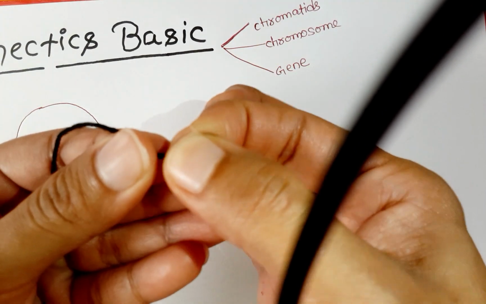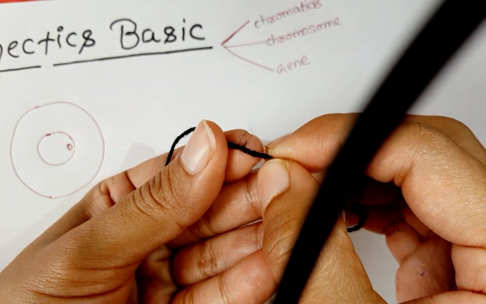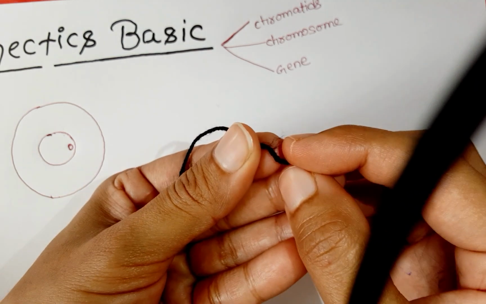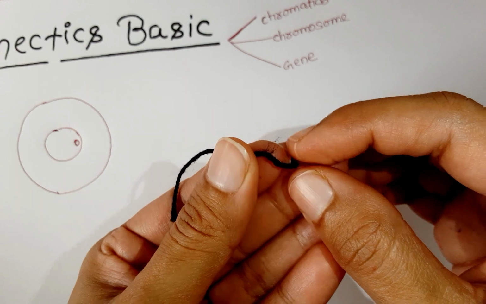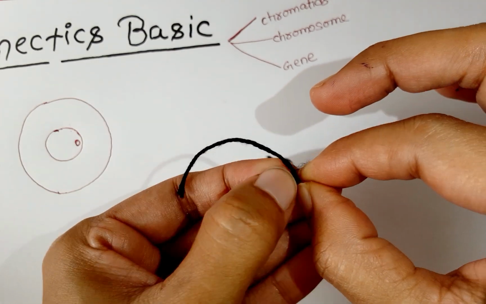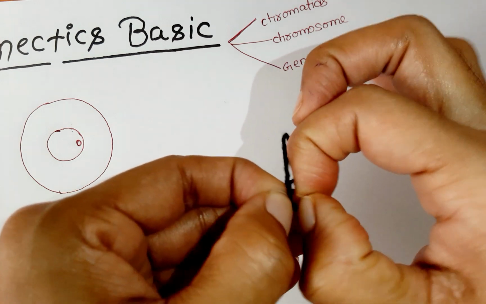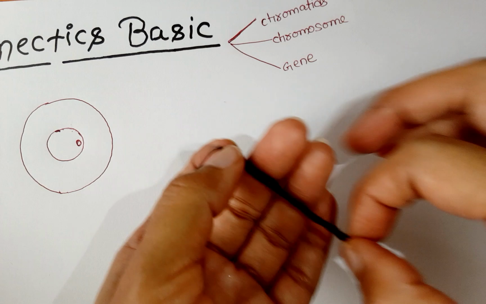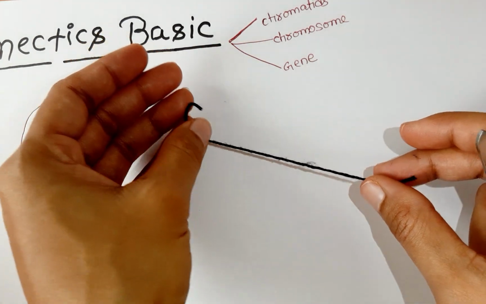So see, this is gene. And this thread which gets entangled, which condenses, is chromosome. Together they are chromosome.